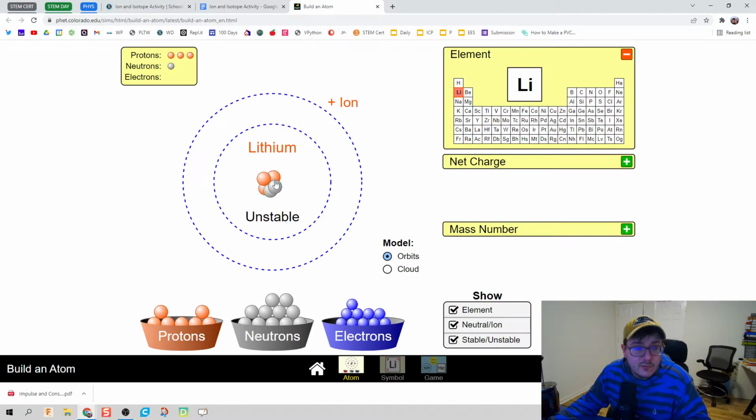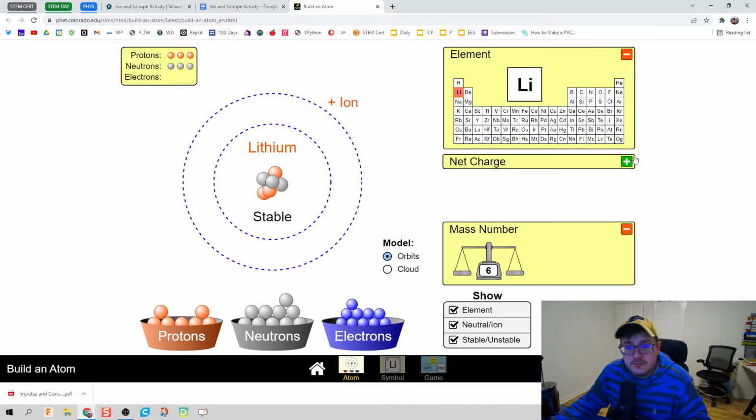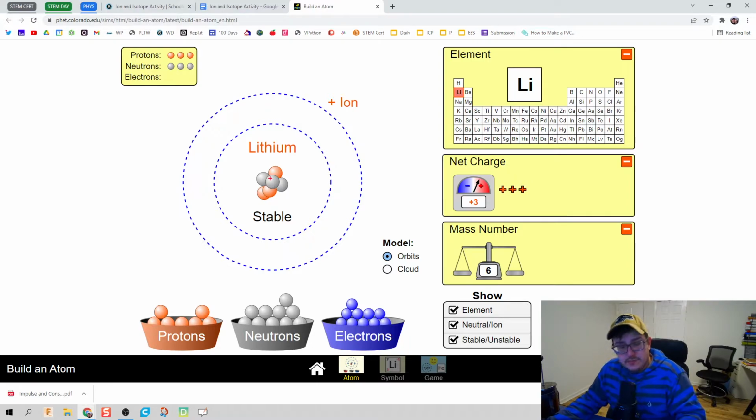So lithium 6 is our isotope. Lithium 6 tells me that we have 3 protons and 3 neutrons.